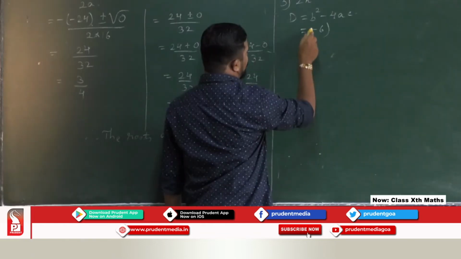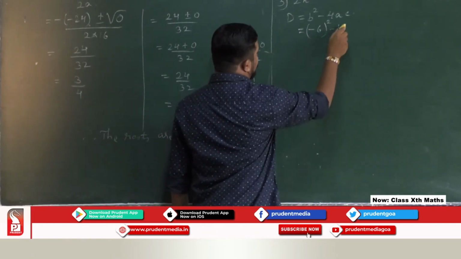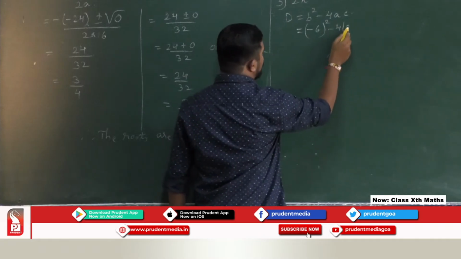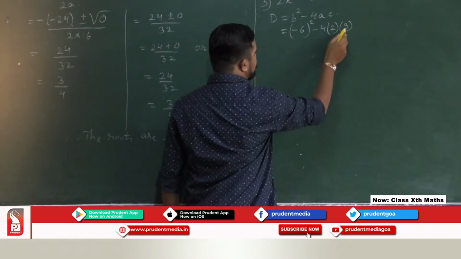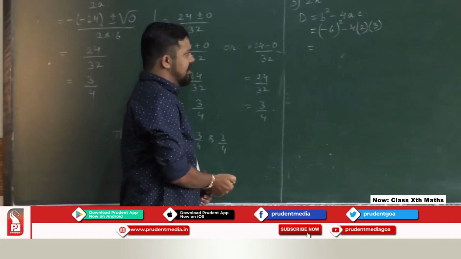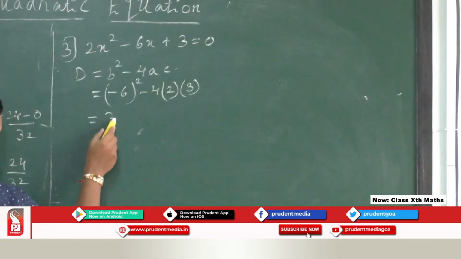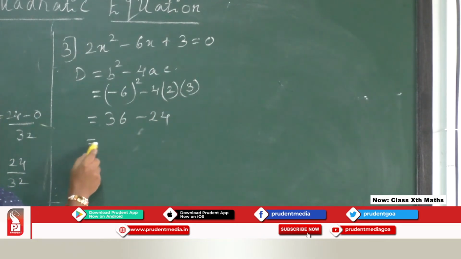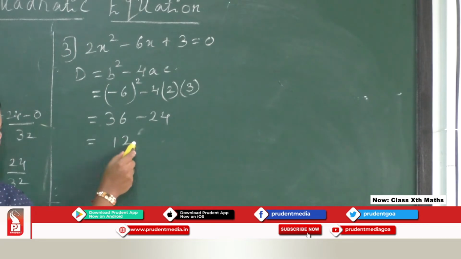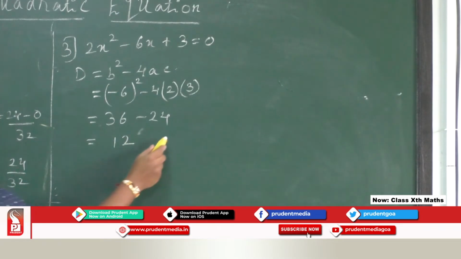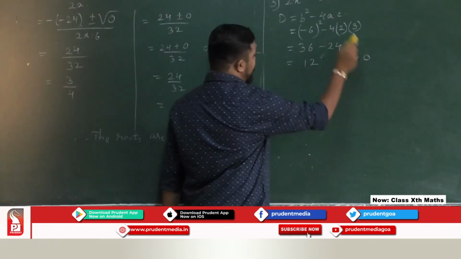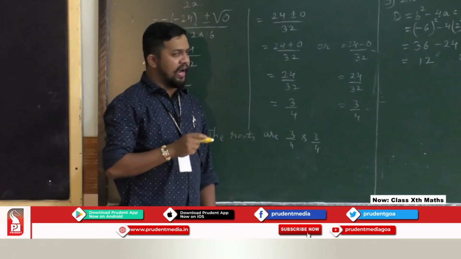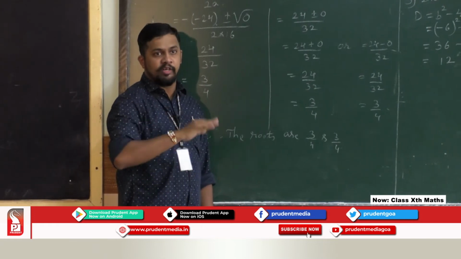Negative 6, the whole square, your A is 2, C is 3. 6 square, 36. 4 2s are 8, 8 3s are 24. 36 minus 24 is 12. So here D is greater than 0.